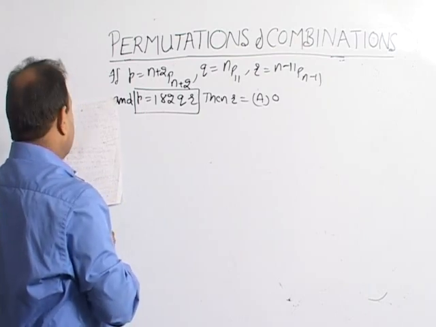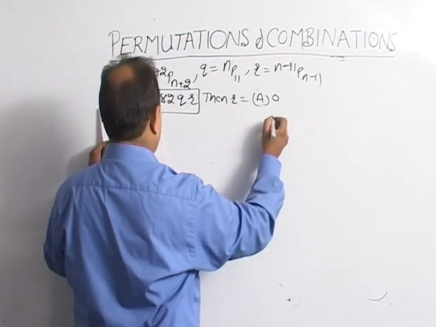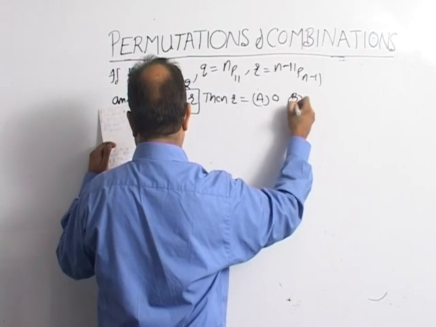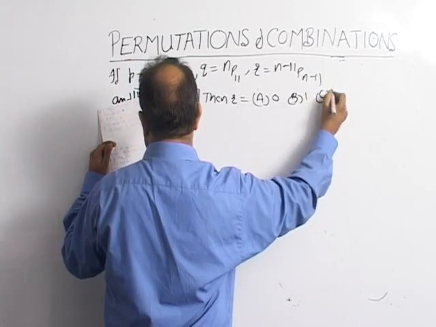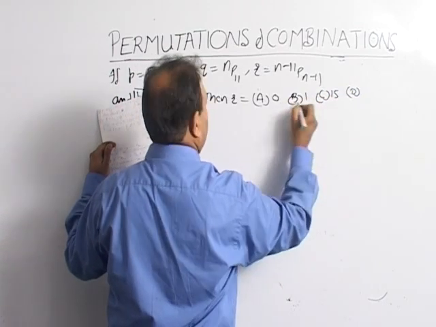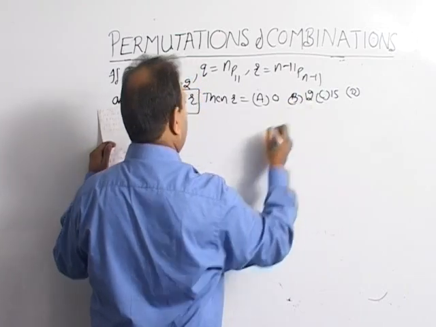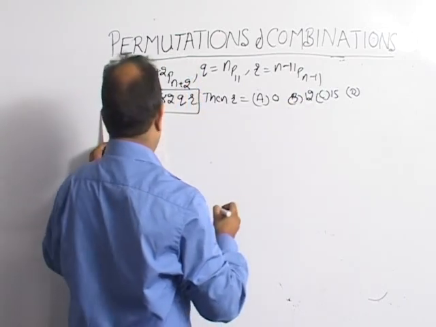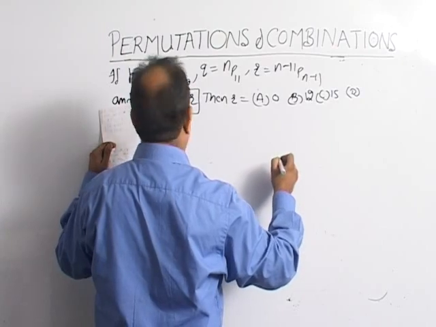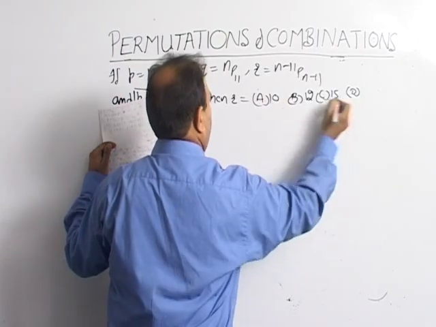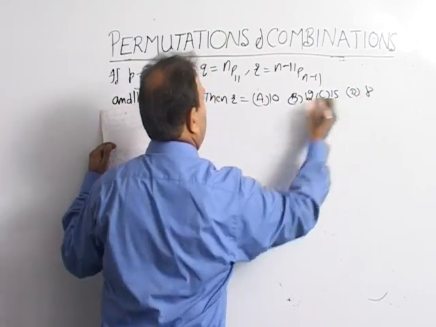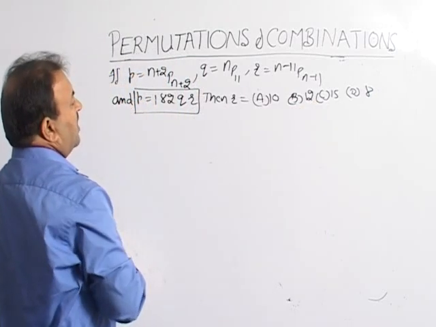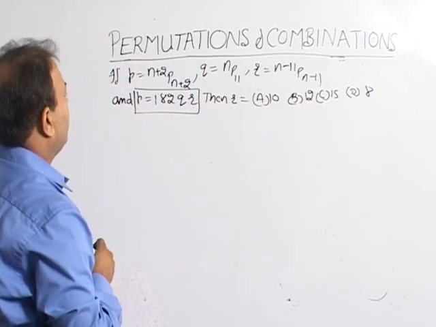Then R is equal to... A option is 0, B option is 12, C option is 15, and D option is 8. 10, 12, 15, 8. These are the 4 options we have been given.